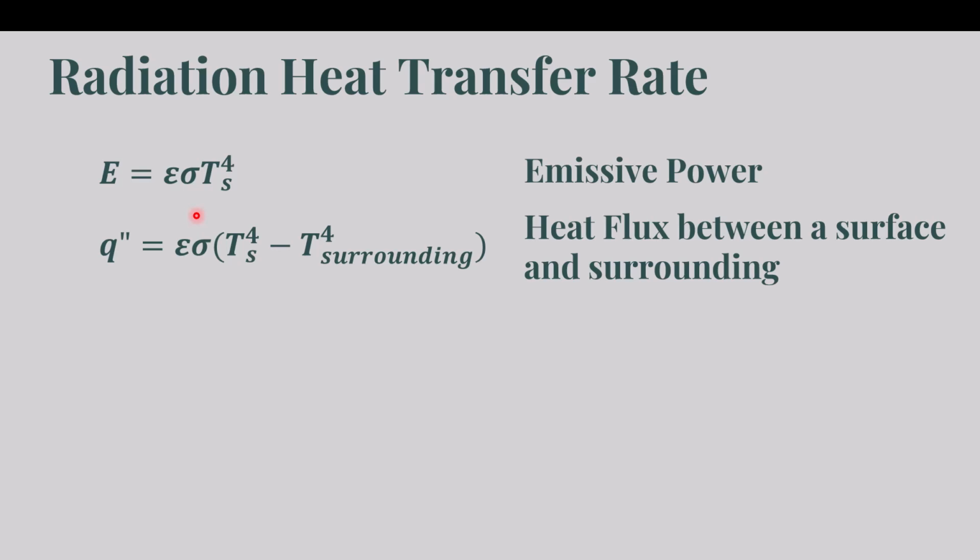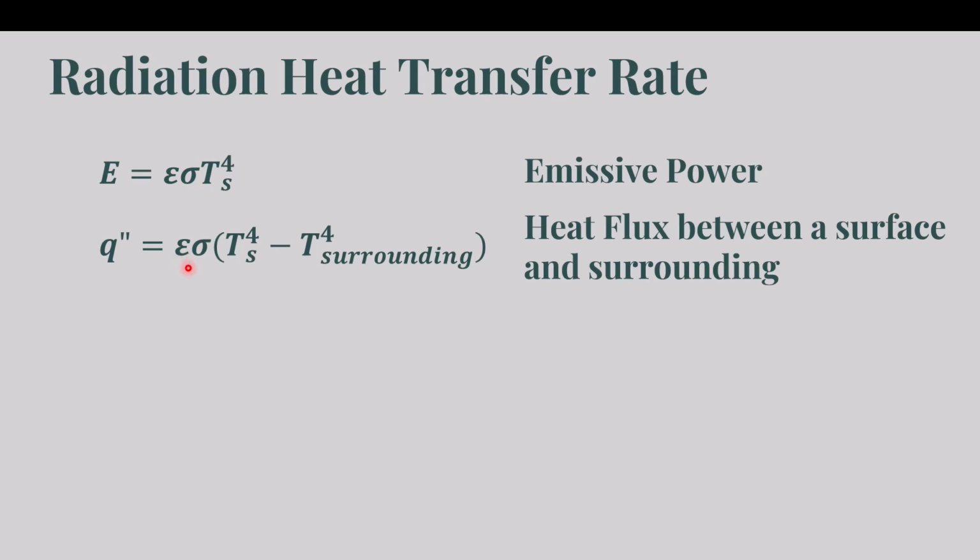So for a surface which is surrounded by a bigger surface, like a stone surrounded by a furnace, or we are surrounded by the sky, if the surrounding is at a temperature equal to T surrounding and the surface is at Ts, this formula is going to be the net amount of heat transfer between the surface and the surroundings. Of course, this formula is in terms of heat flux, but if you multiply it by the area, you are going to come up with the heat transfer rate.